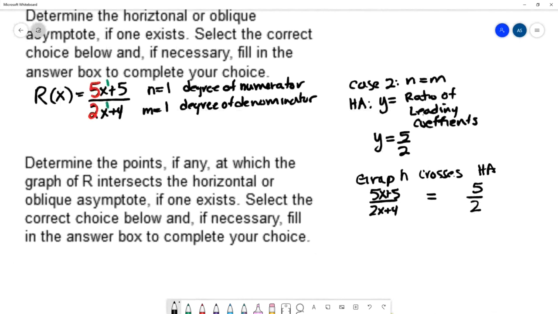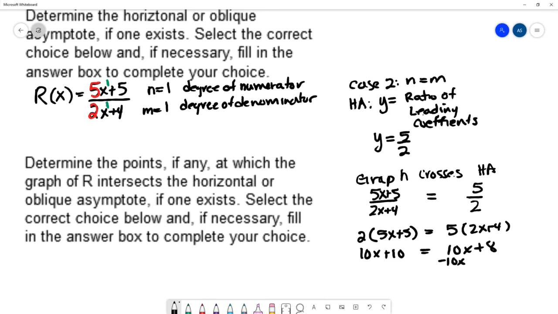So I'll solve this equation. I'll do that with cross multiplication. So if we multiply 2 times 5x plus 5 equals 5 times 2x plus 4, we would get 10x plus 10 equals 10x plus 8. And as you solve this equation, the variables end up canceling each other out, and we get 10 equals 8.